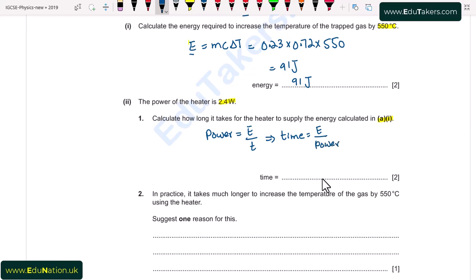We use the value of energy given in part A1, that is 91 joule. So I write here 91 divided by power, 2.4 watt. The time comes to be 37.95 seconds, and this is approximately equal to 38 seconds. So I write here time t is equal to 38 seconds.